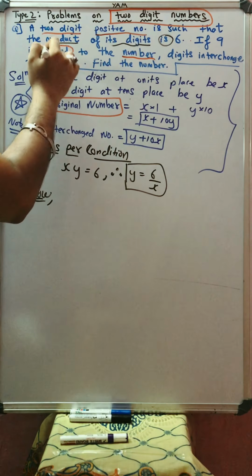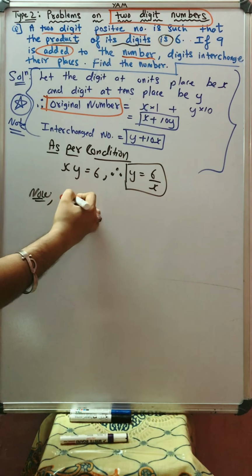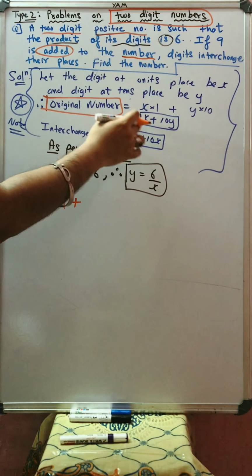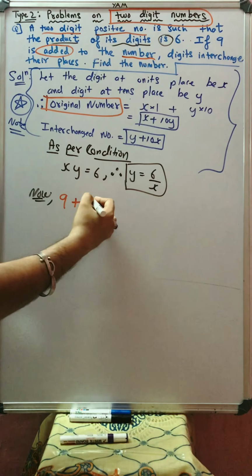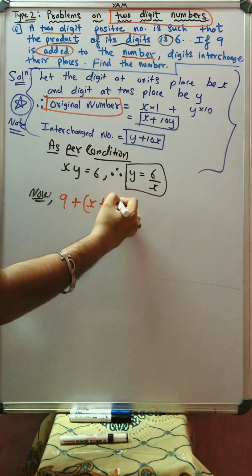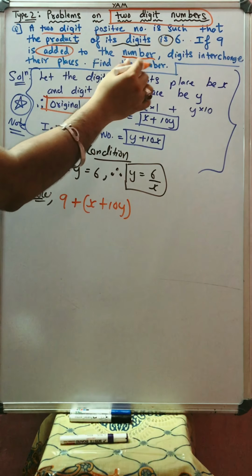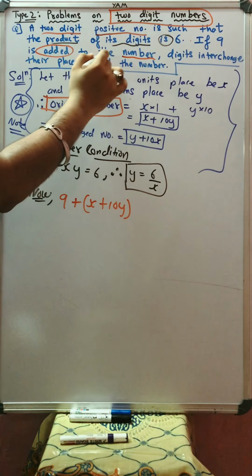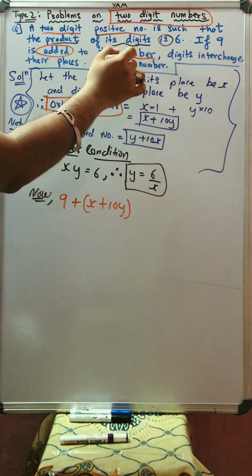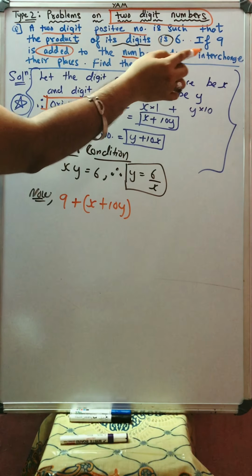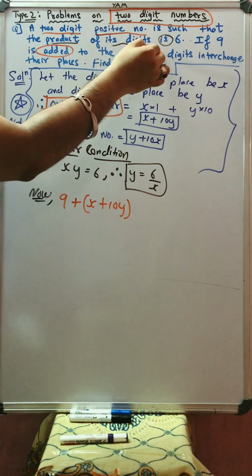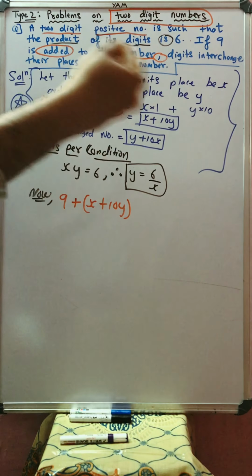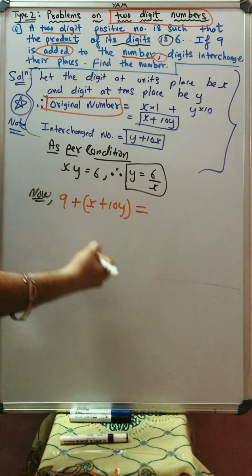So if 9 is added to the original number, let's add 9 plus, what is my original number? X plus 10y. See here, x plus 10y. If 9 is added to the number, digits interchange, comma. Here the comma means equal to, the result. So equal to, what happens?